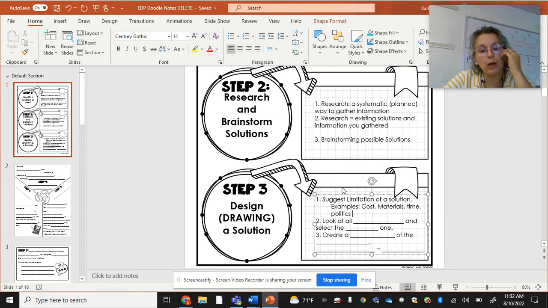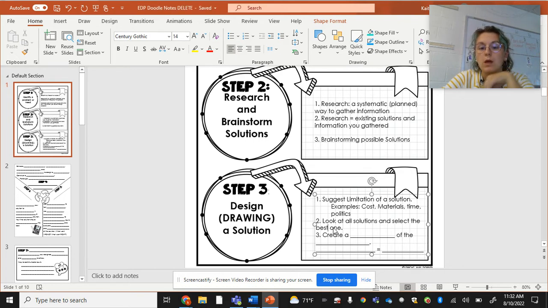So after you have suggested your limitations for all of the possible solutions that you came up with in the brainstorm, you need to look at all solutions and select the best one. Guys, best is very subjective in our culture, okay? I can think that chocolate chip cookies are the best, and you may think that oatmeal raisins are the best.